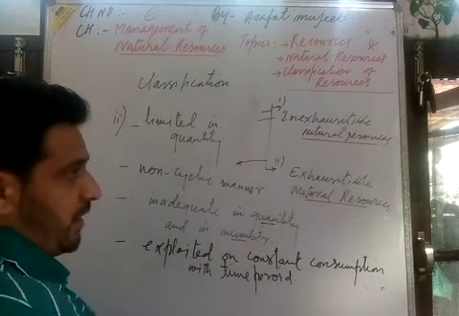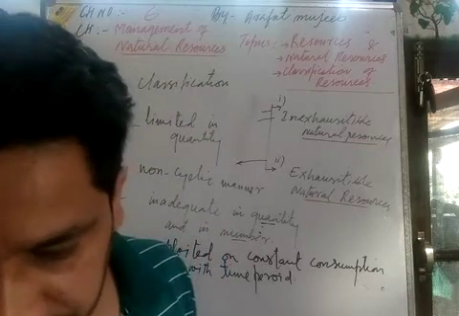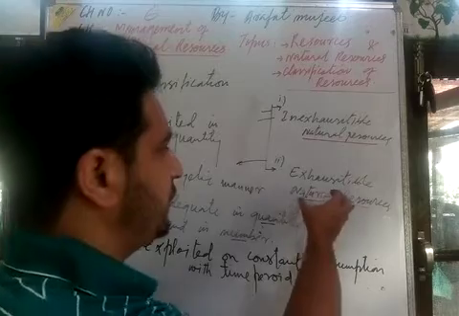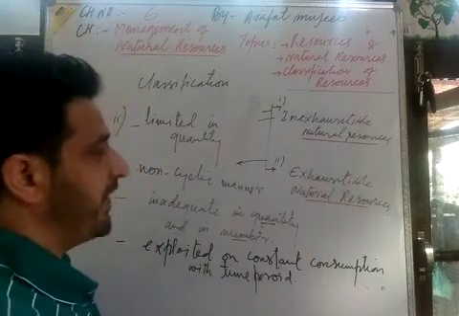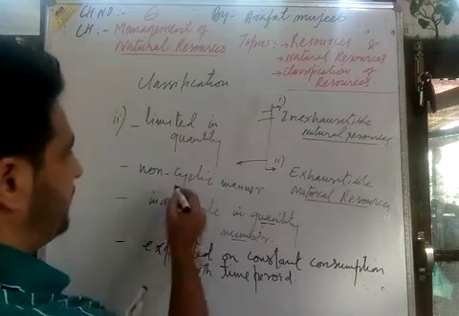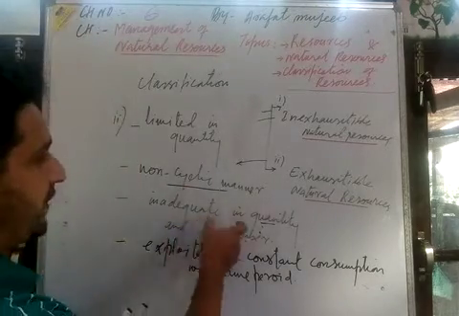An example is the fossil fuels. If man indiscriminately uses these resources, they can vanish, they can finish. They have no cyclic phase, so they become inadequate in quantity.